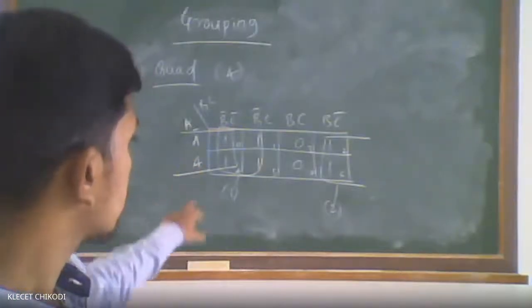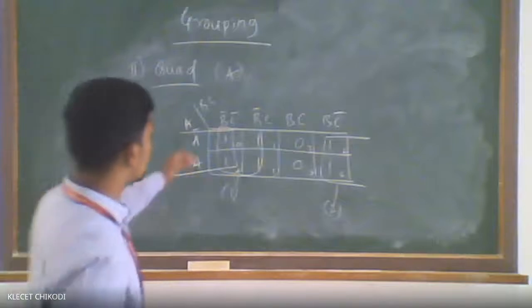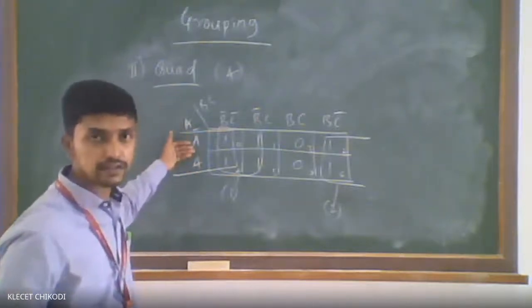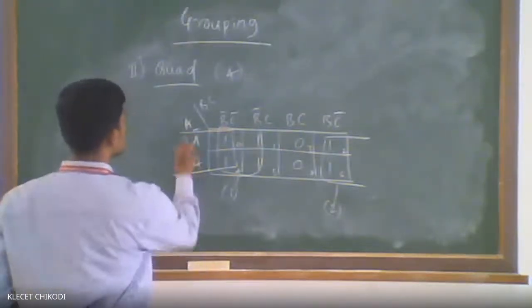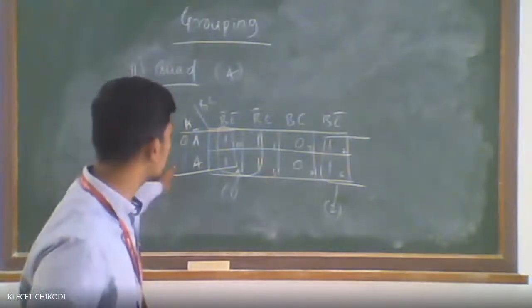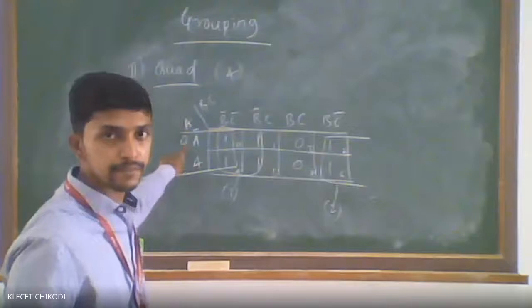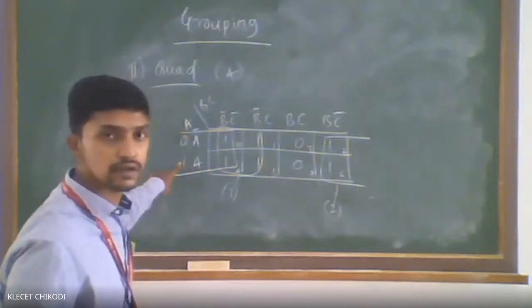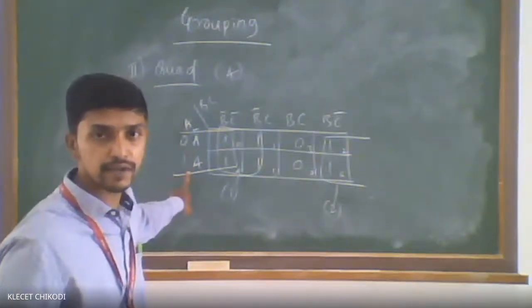See here, we will not get a term for A because there is a value change from 0 to 1. Since there is a transition here, we are not taking this A variable itself.